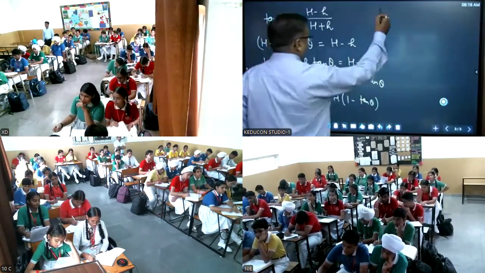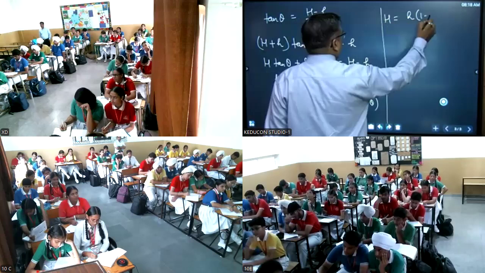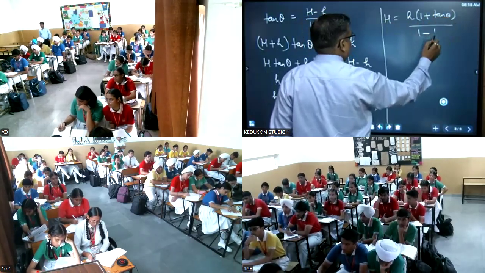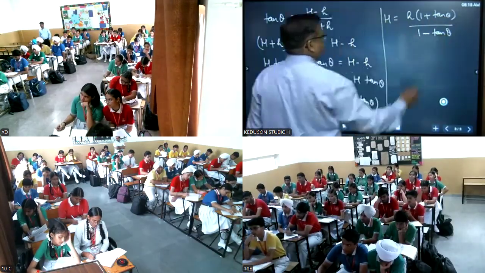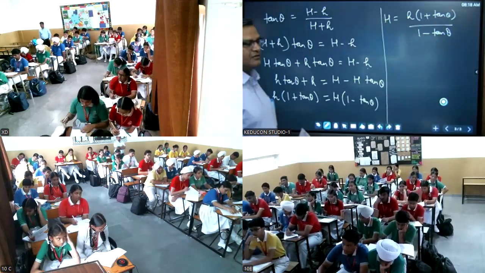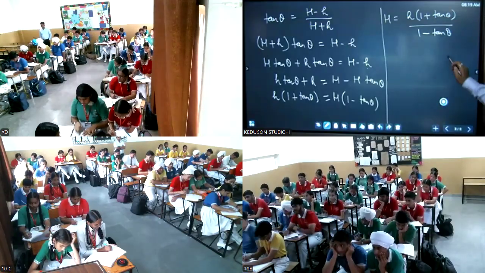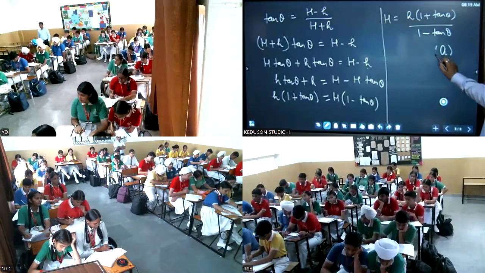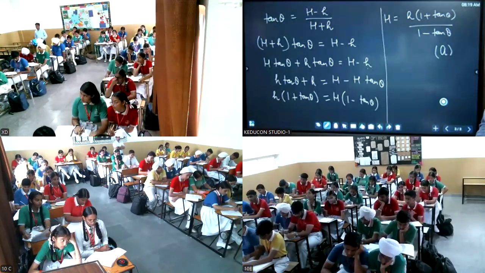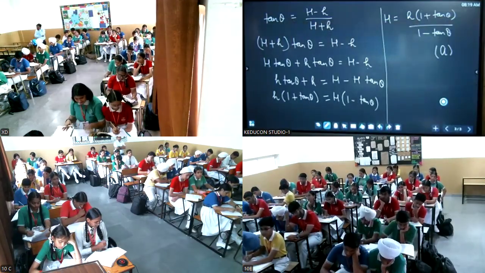Since we have to find the value of capital H, it is equal to h into 1 plus tan theta over, right ji? So which option is there? Which option? First option, B option. A, A. It is A option, beta. Have you understood the question?